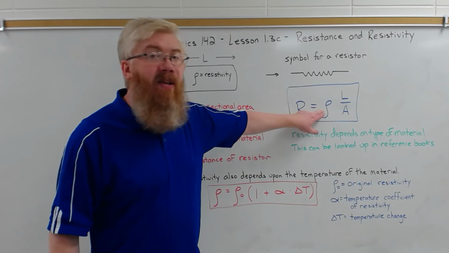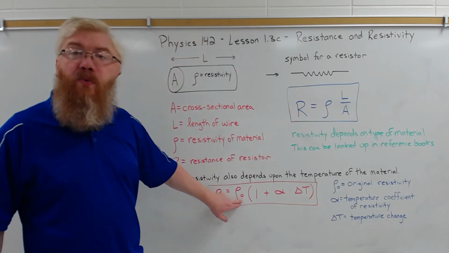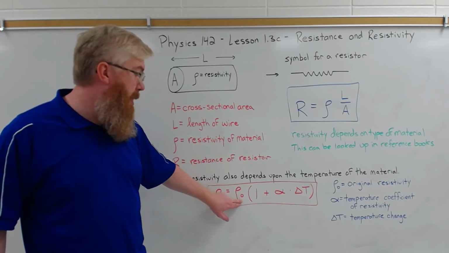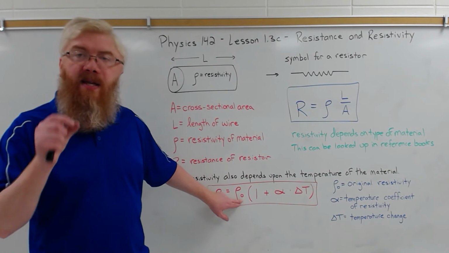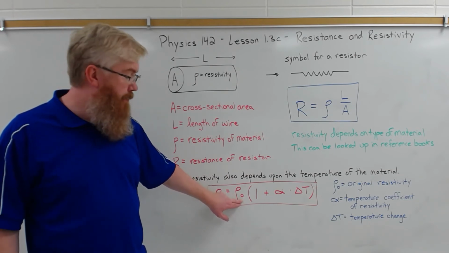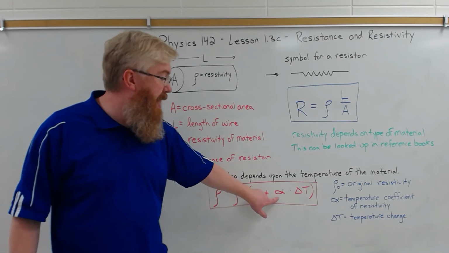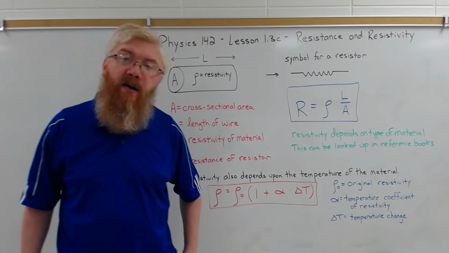The resistivity of the material is equal to some original resistivity at some given temperature. Usually it's 0 degrees Celsius or 25 degrees Celsius, where they define the temperature of the resistivity, rho naught, times 1 plus alpha. Alpha here is the temperature coefficient of resistivity.